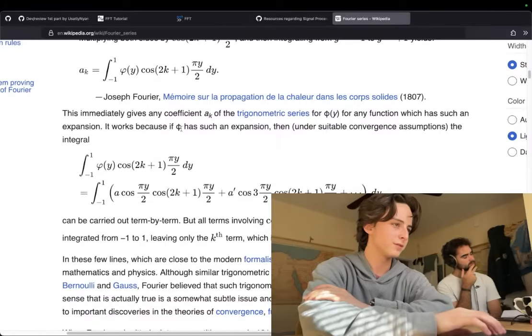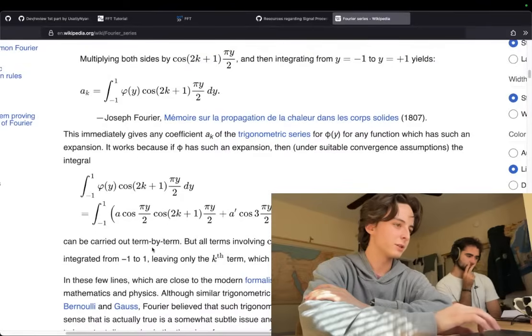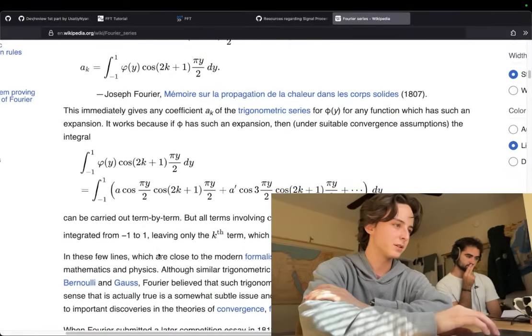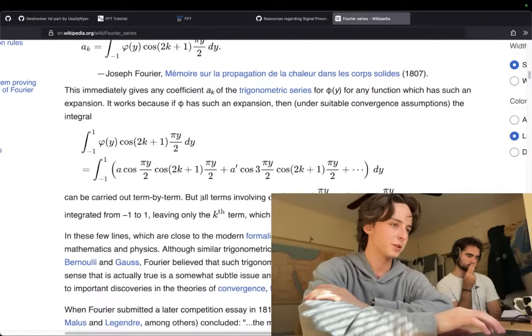It works because if phi has such an expansion, then under suitable convergence assumptions, the integral, I'm not reading that whole thing out, equals, okay, so they're basically just expanding the series within the integral, and then it can be carried out term by term. So they're going to integrate term by term because it's just addition.